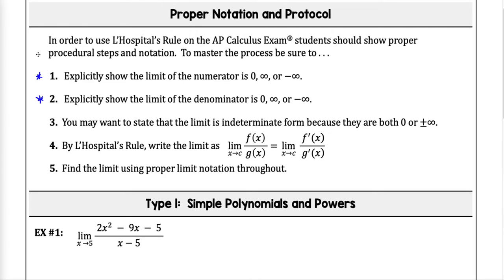On page 2 of your notes, where it says proper notation and protocol, if you figure out a limit is going to be indeterminate, you have to write that separately. Once you see that it's indeterminate, you have to say it's indeterminate.